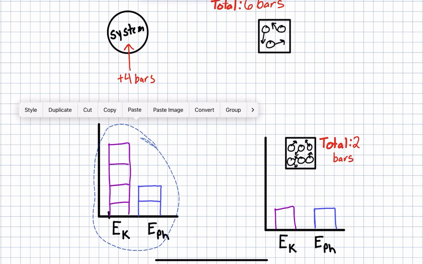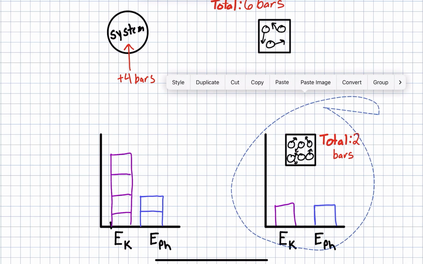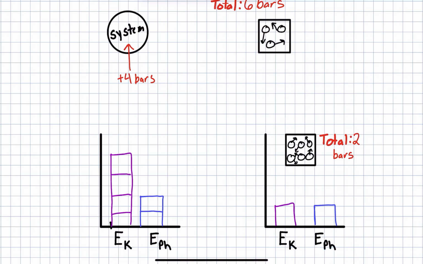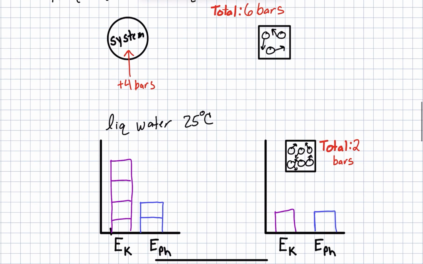So here's my, trying to get these to line up properly. There we go. And so now I have a warm liquid water at 25 degrees Celsius. And over here, I have solid ice at -4.